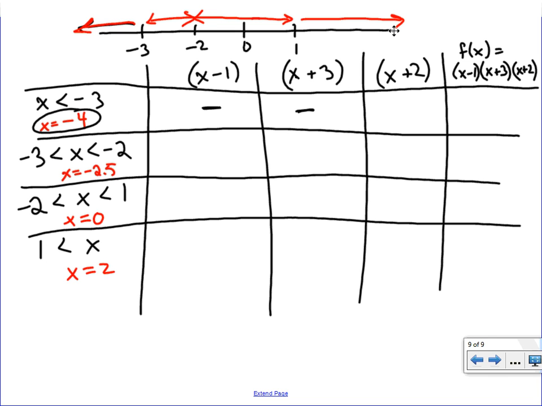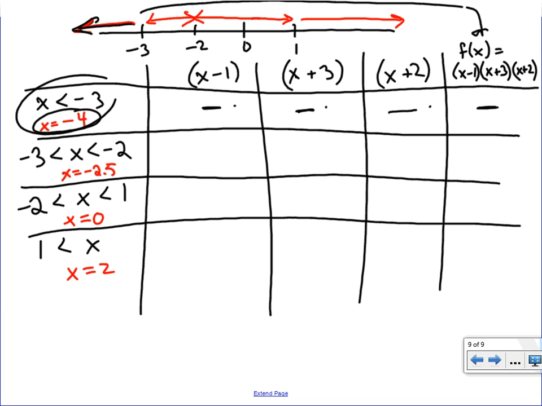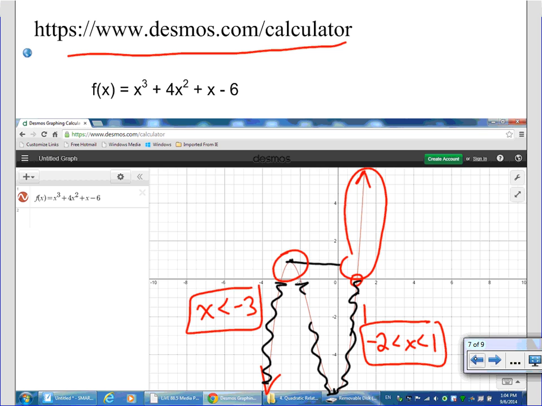And -4 plus 2 is still negative. A negative times a negative times a negative is negative. So in this interval right here, our function is negative. And didn't we, in fact, see that on my graph?